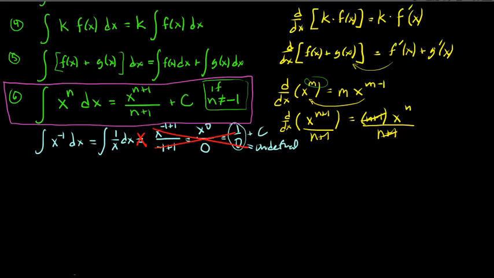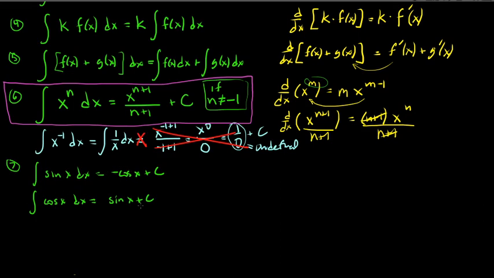So let's get to the other rules. Actually, there aren't that many. I think they're the trig functions now. We've already seen the integral of sine of x is negative cosine of x plus c. The integral of cosine of x is sine of x plus c. So be careful where the minus sign goes. The integral of sine is negative cosine.